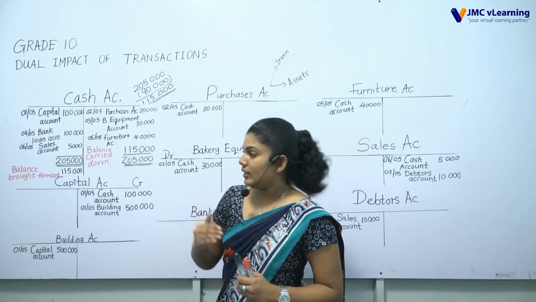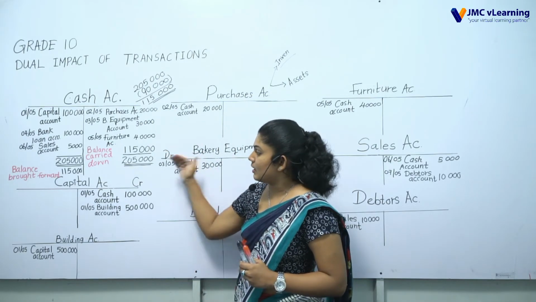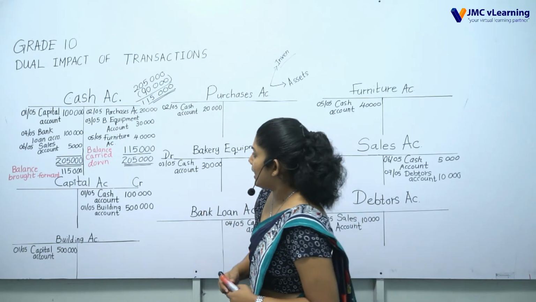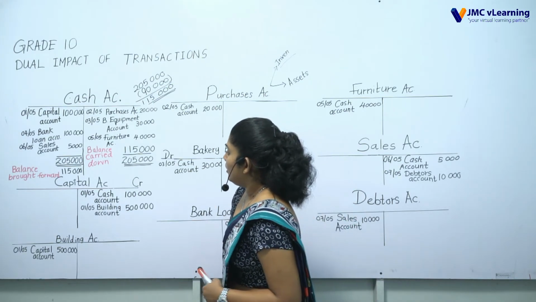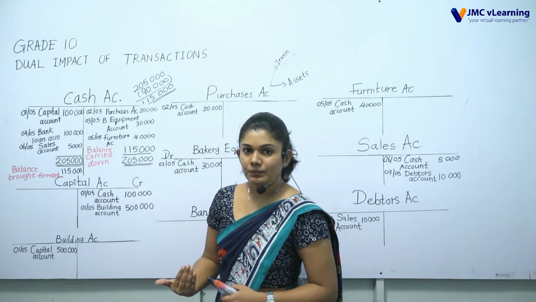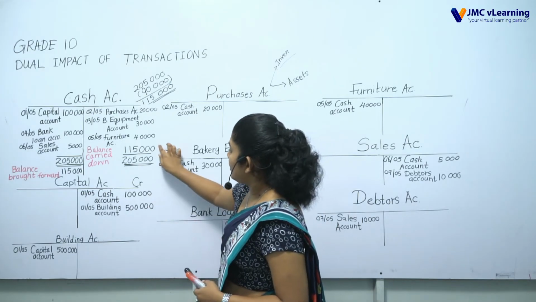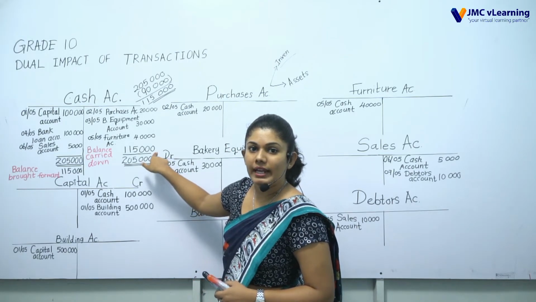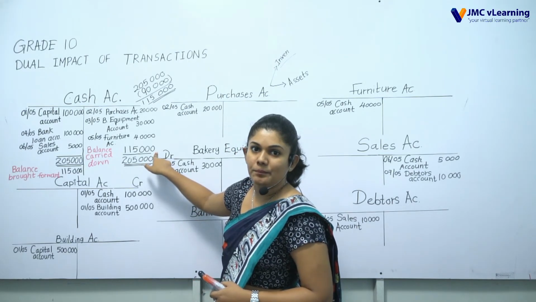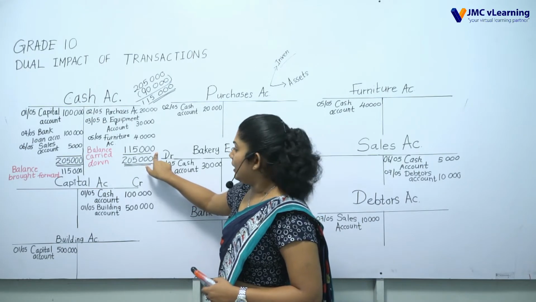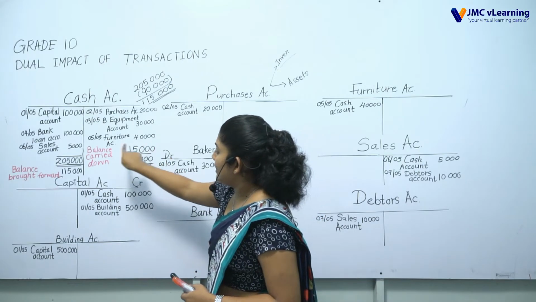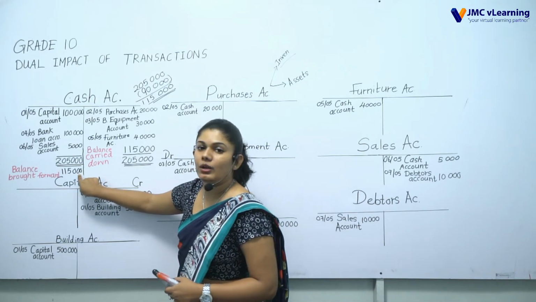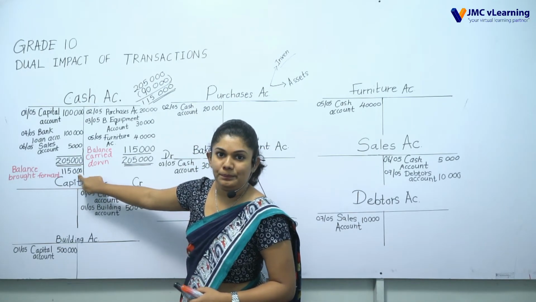We are closing, that means we are totaling these accounts at the end of the period. Let's say now we took the month of May. So, we are totaling this at the end of May. Then, we are taking this balance to the beginning of June.